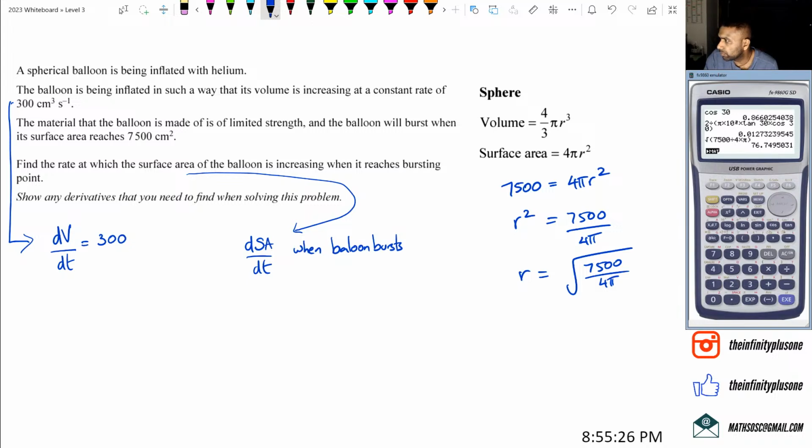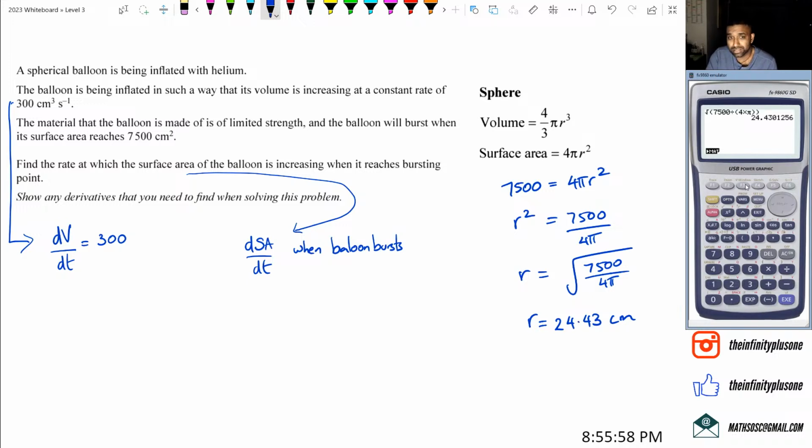Something doesn't feel right here. Give me a second, I need to make sure I put that bracket in the right place. Let's put a 4π like that. There we go, that's better. So r is equal to 24.43 centimeters.